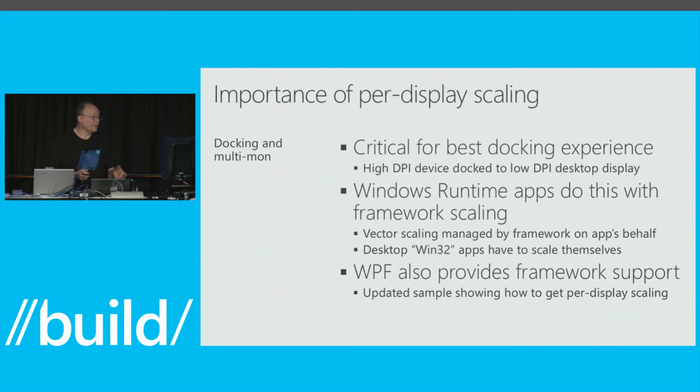And we showed last year how you could modify that root transform to get per display scaling. We never ended up actually posting that sample, and I know a lot of people were asking for it, but we've done work over the last year to improve it. And so there is an updated sample. I've got links to it in the slide. So if you have WPF investments, take a look at this, because you can see how to make some of your applications look a lot better in these docking scenarios. And as I say, this is going to become really important moving forward.